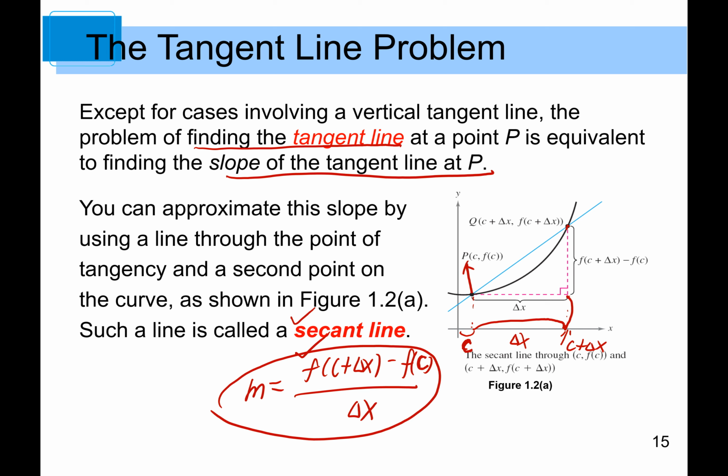This distance is the same thing as that. This is f of c, and that's why the total is f of c. So the change of y is f of c plus delta x minus f of c. Change of x, just delta x. Okay.